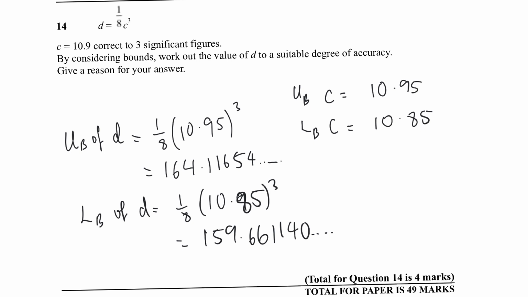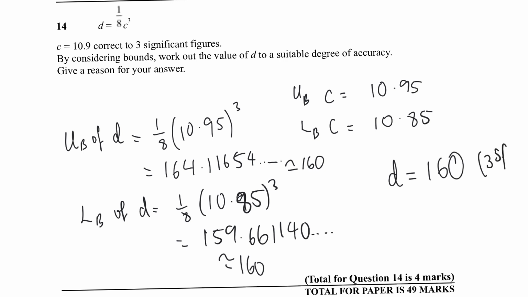Now, as we can see, between the two answers there's a tiny bit of a difference. So in order to work out a suitable degree of accuracy, we can round 159.66 to 160, and this can be rounded down to 160 as well. So I'd say D, to a suitable degree of accuracy, would be 160.